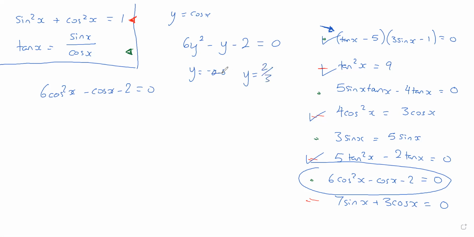So these are your two answers. Once you get there, just treat it like a quadratic. And now you know that cos x equals 2 over 3, and cos x equals minus a half. Solve them. It is really that easy.